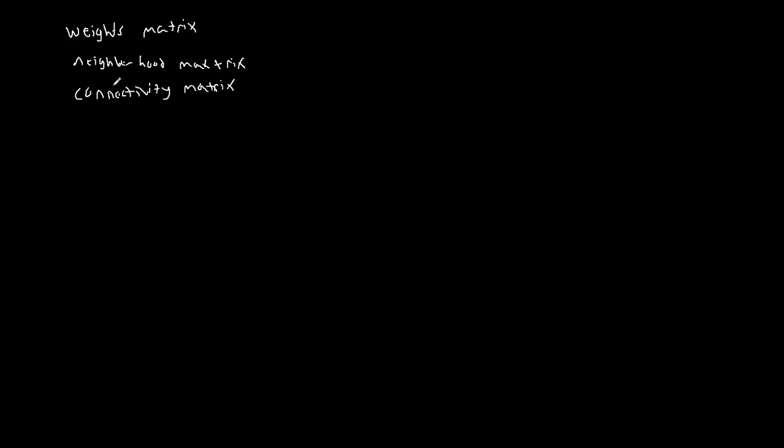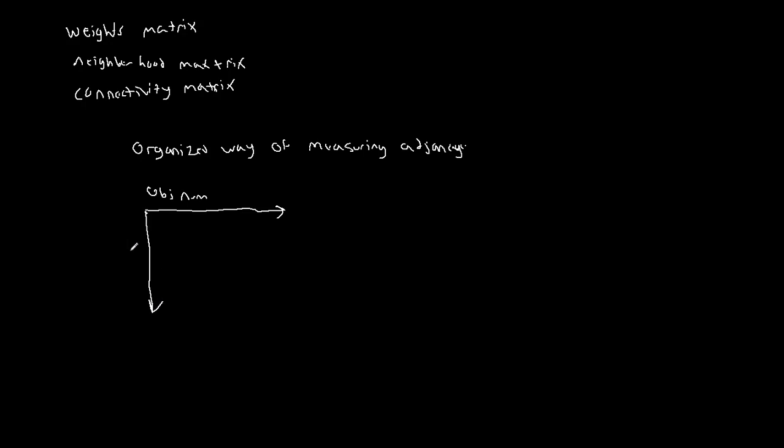And basically what these do is they are an organized way of measuring adjacency. And so the basic structure is you have the object ID or object number going along the top, and then you have the object number going along the side. Right? And so you can imagine this forms a grid.